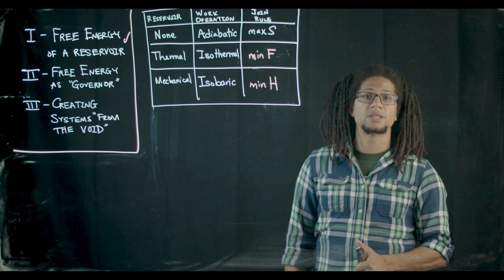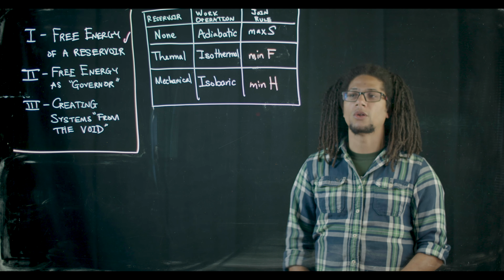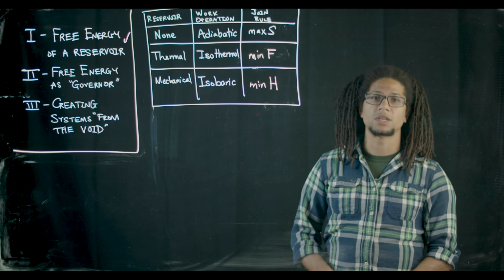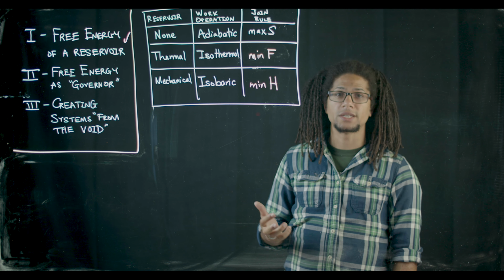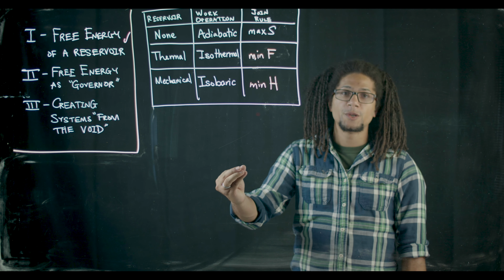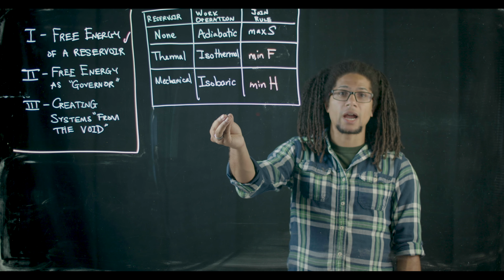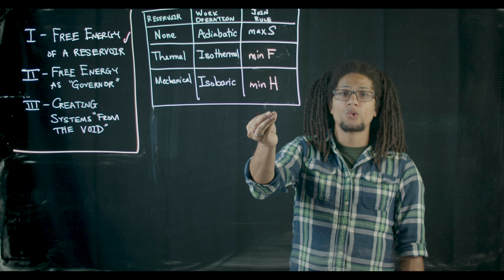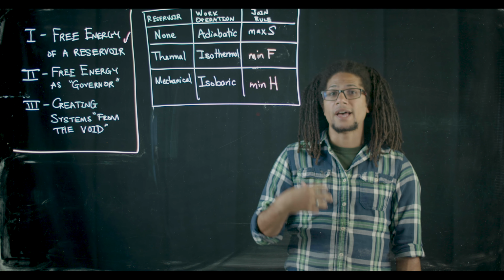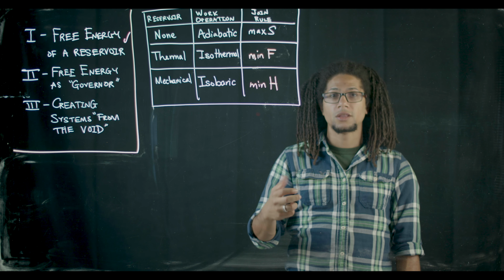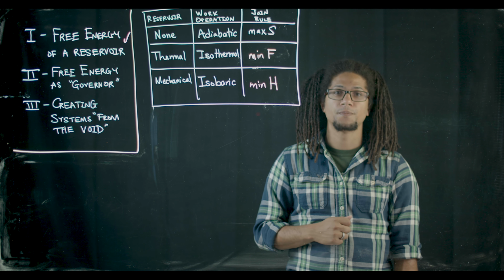And here we'll be subject to the constraint that the pressure of all of the systems is always the same as that of the mechanical reservoir. And we could fill this out for any kind of reservoir that we wanted. The work operation would always be an equal PI work operation, and the join rule would always be that we maximize the free energy that has Legendre conjugated the correct work variable.